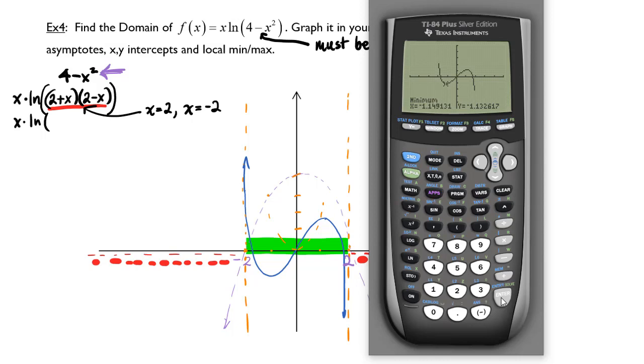My minimum is at negative 1.1, negative 1.1. Let's go to 2 decimal points so that we can see there's a slight variation in the coordinate point. So negative 1.15, negative 1.13.